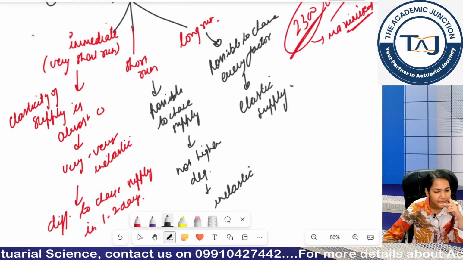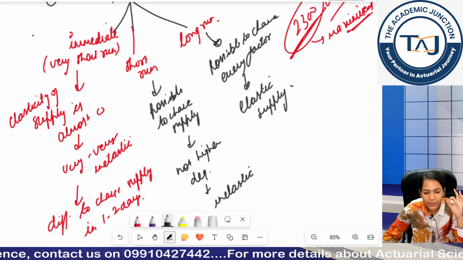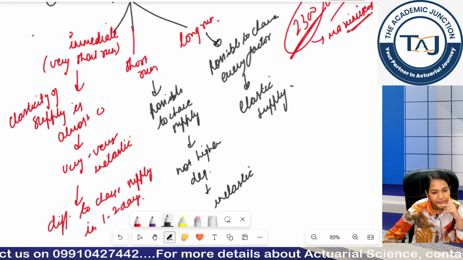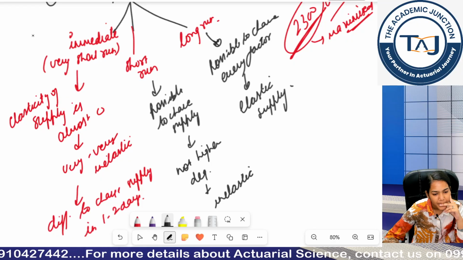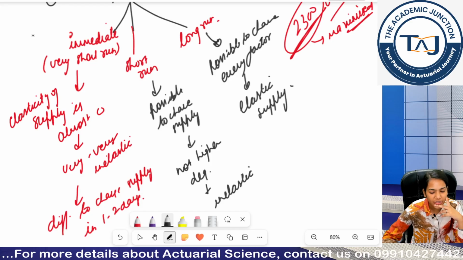Clear? Is this clear? So time period is one of the main determinants of my price elasticity of supply. Quickly, once it's done, give me a noted in the chat box.